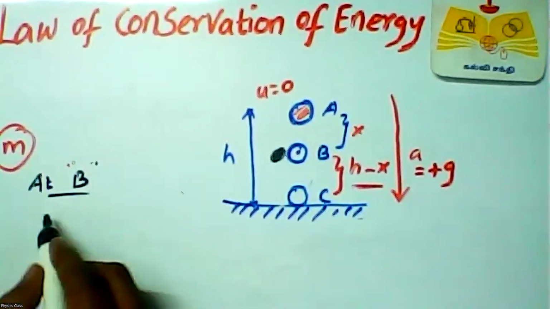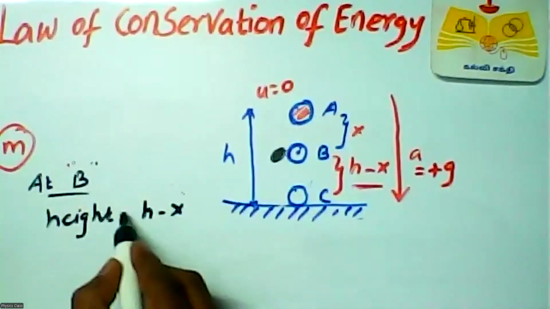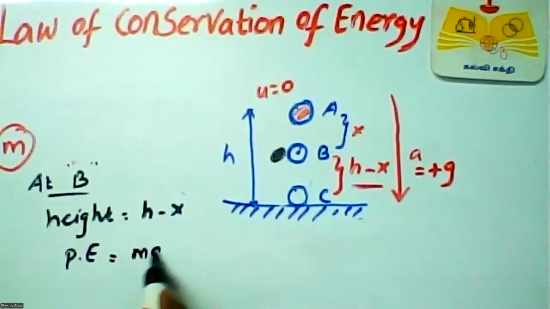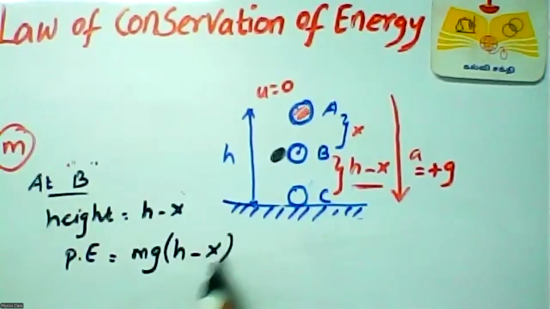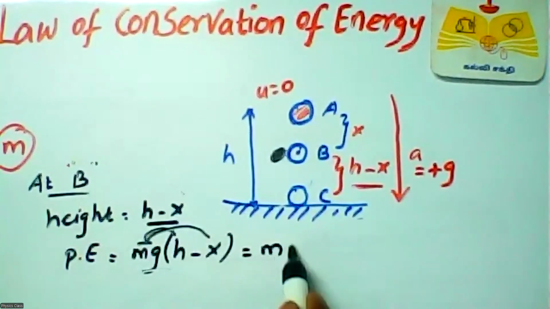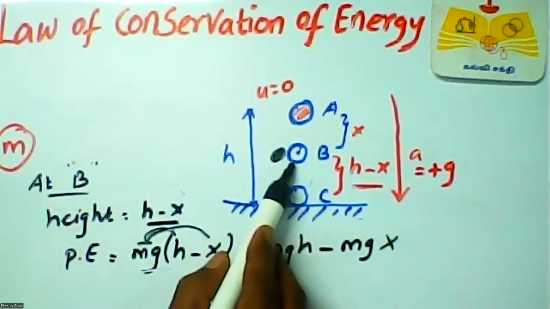So here the height is h minus x. Let me put PE, the potential energy. The formula is mgh, but we have to change h into h minus x because of this height. mg into h minus x: we multiply mg into h, and mg into minus x. So mgh minus mgx. This is the potential energy of that object at position B.